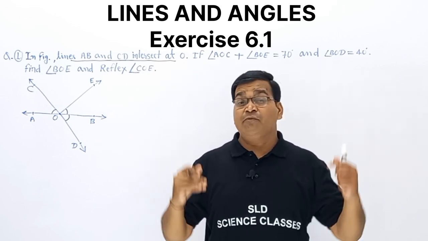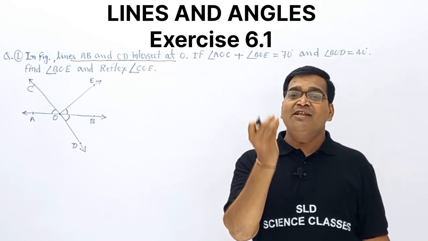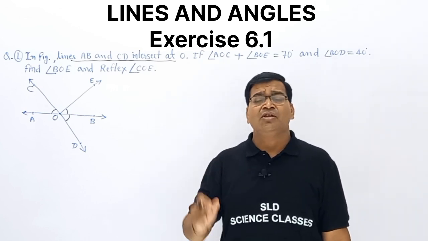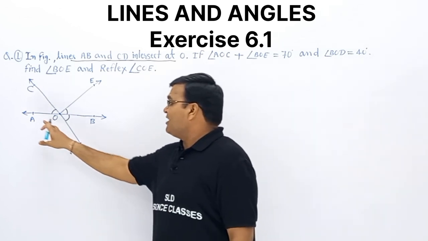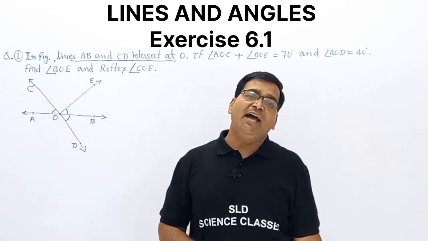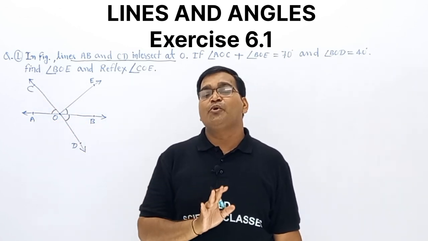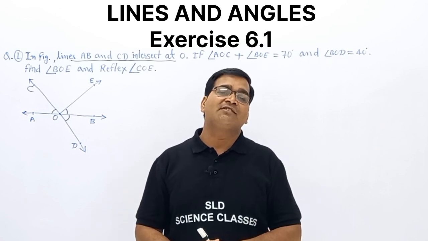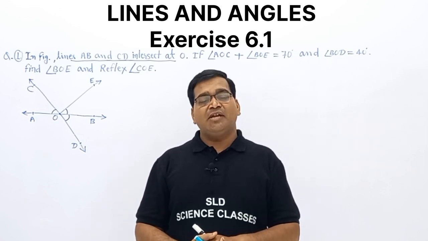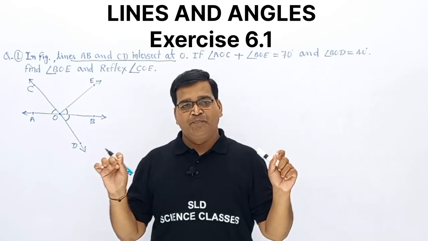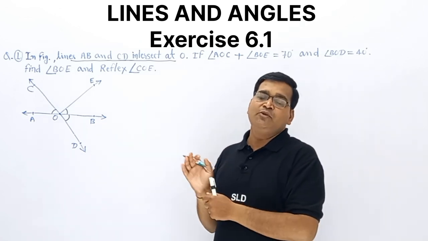Once two lines intersect, we get vertically opposite angles, and they are equal.